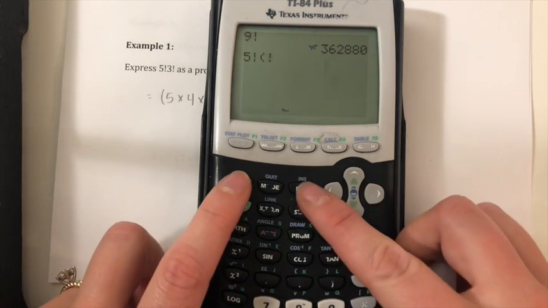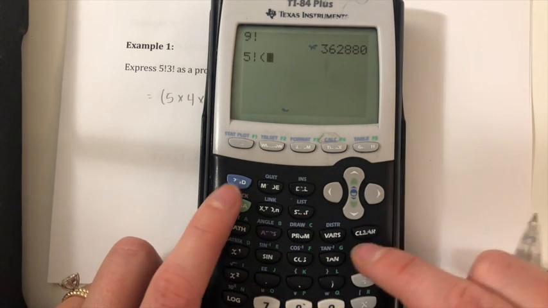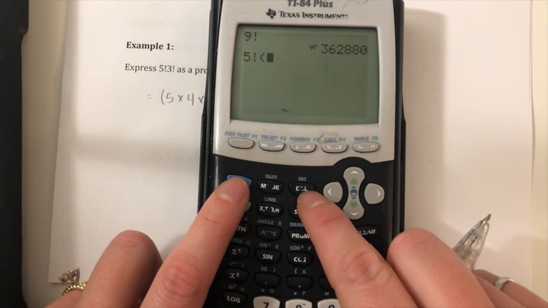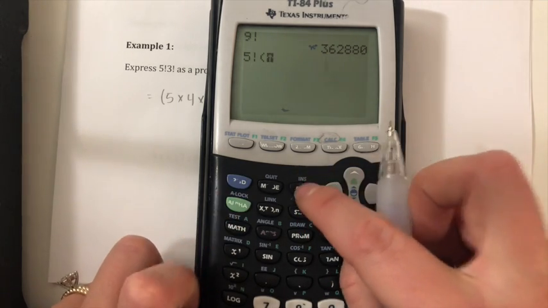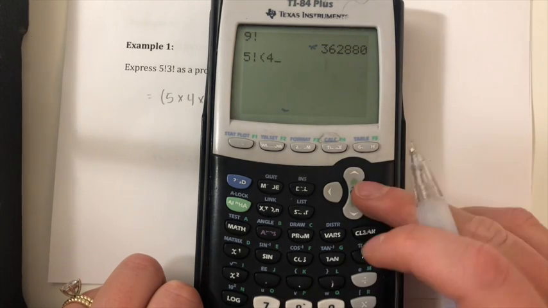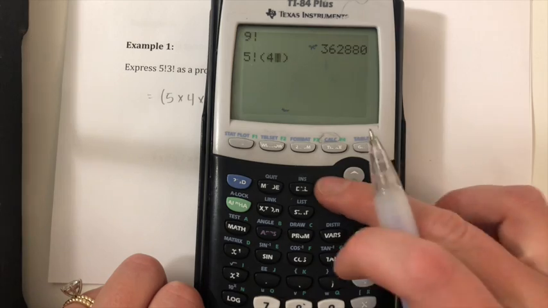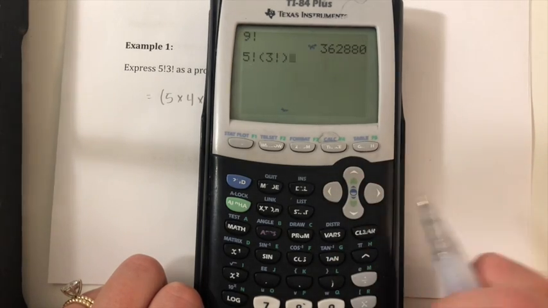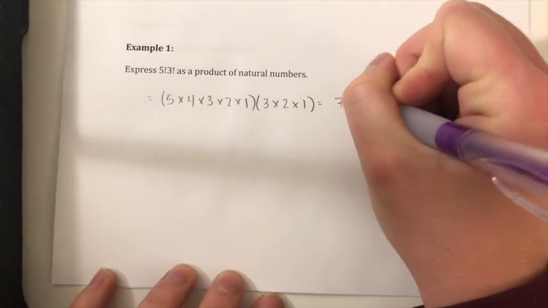Oops, I forgot to actually put the 4, so I'm going to insert. I don't know if you know the insert function on your calculator, but if you go second delete, right here is insert, and we can insert something without having to delete and go back. So 5 factorial, 3 factorial. Okay, 720.